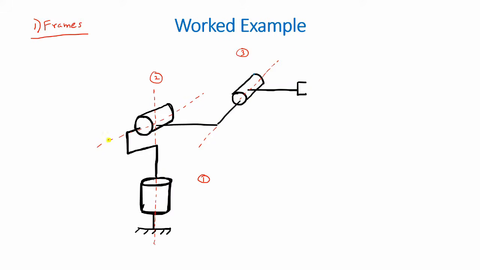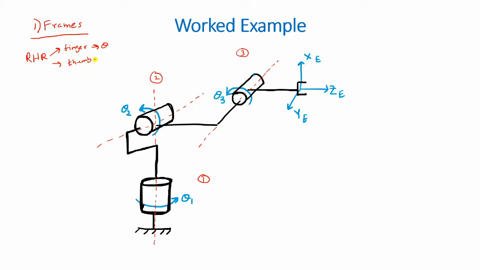Now we can assign the direction for each of the joint axes by considering the theta value, and to do this we would look at our right hand rule, where the direction of the fingers would point in the direction of theta, and the thumb would show where the positive axis is.